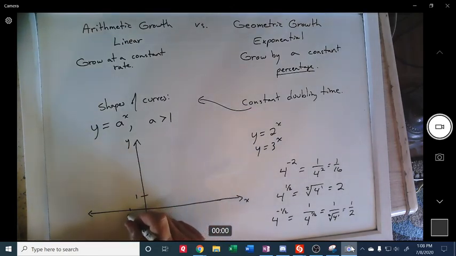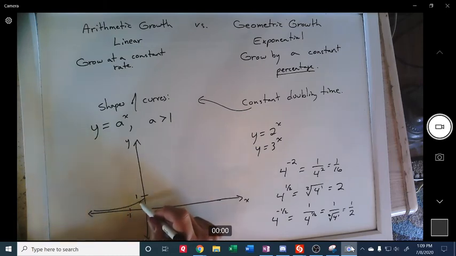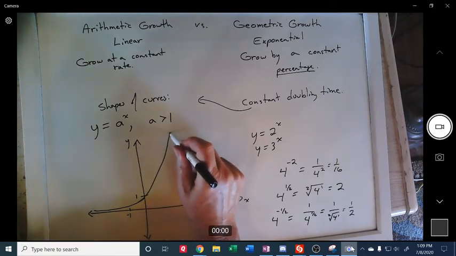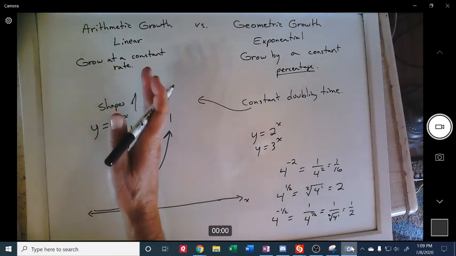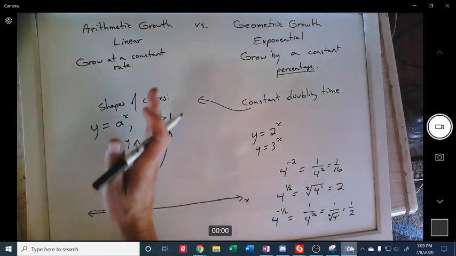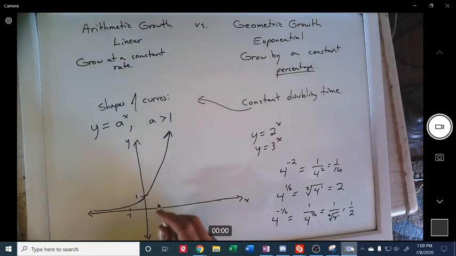So the basic shape is like this. And the larger the a, the steeper it goes. And if it goes up more steeply, it also goes down more steeply on the other side.